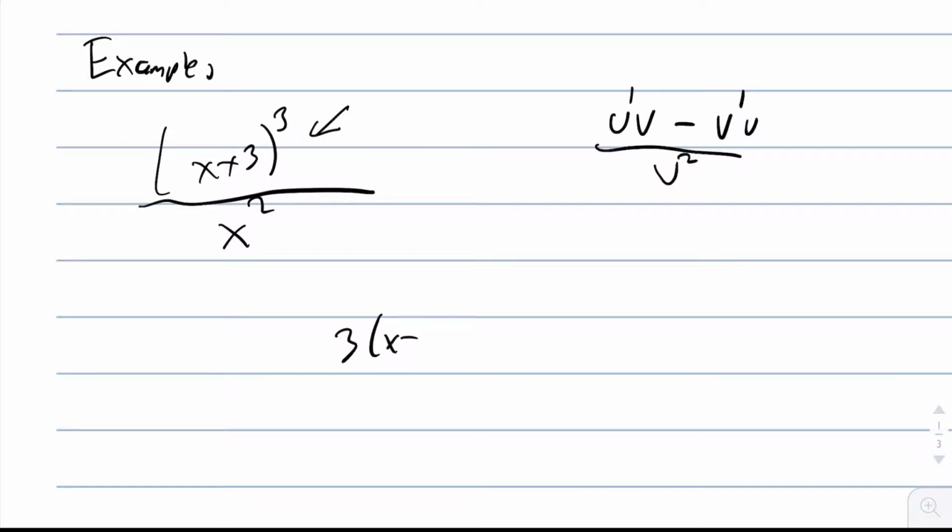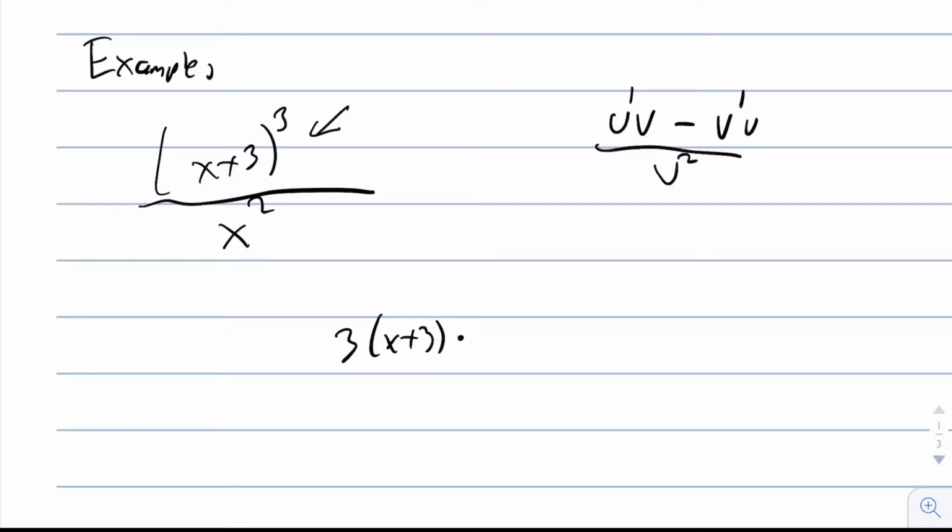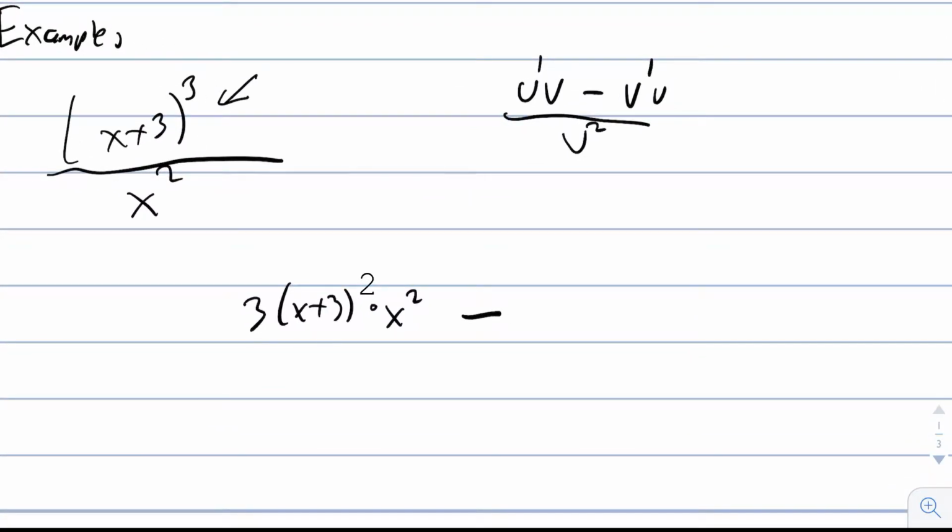Well, that's just 3 times x plus 3 squared, times 1, we don't need that 1. And now we multiply it times v, x squared, minus, okay, so now we take the derivative at the bottom, which is just 2x, and then x plus 3 to the third, over x to the fourth.